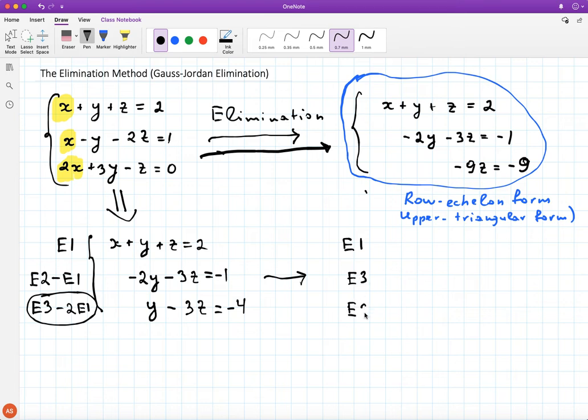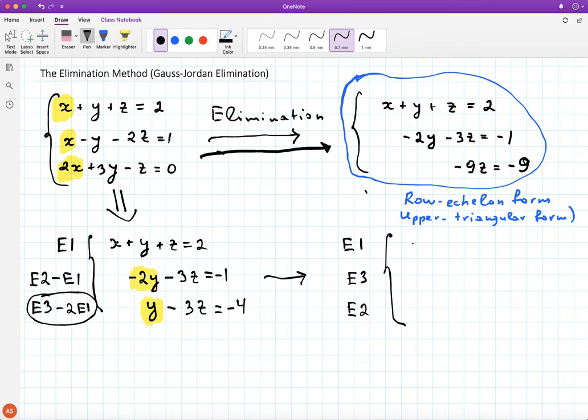I'm looking at the y terms in the second and third equations, and the y term in the bottom equation is simpler than it is in the second equation, and that is the reason I'm going to switch the second and the third equation. Strictly speaking, this step is not necessary. One can also do without this step.